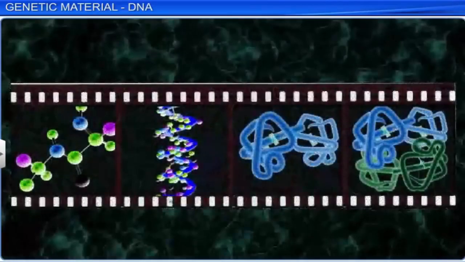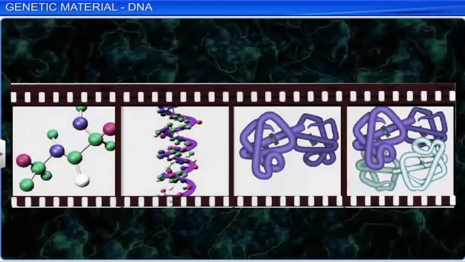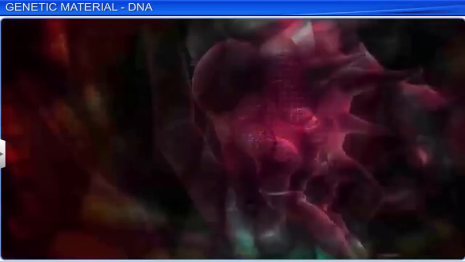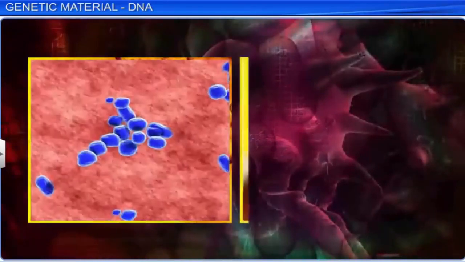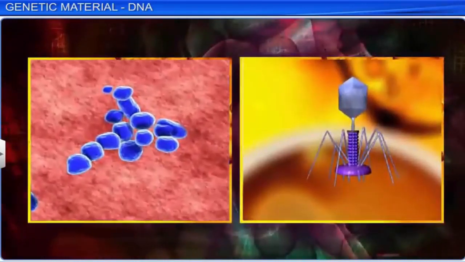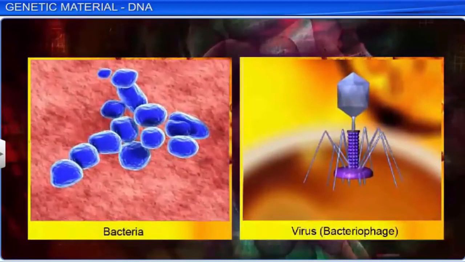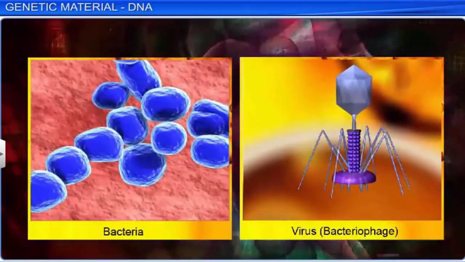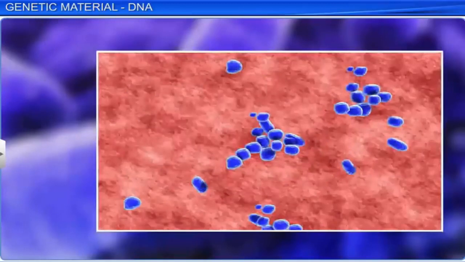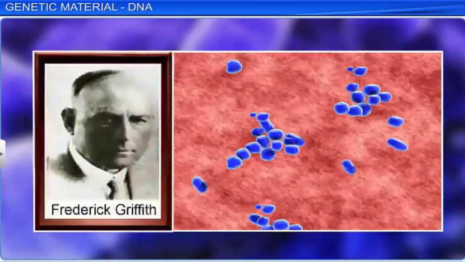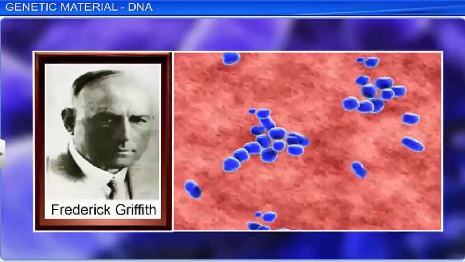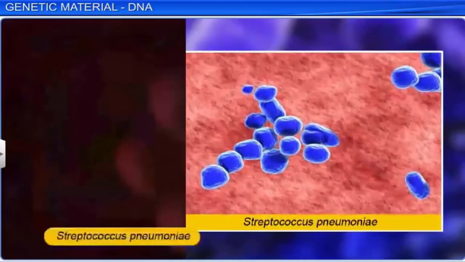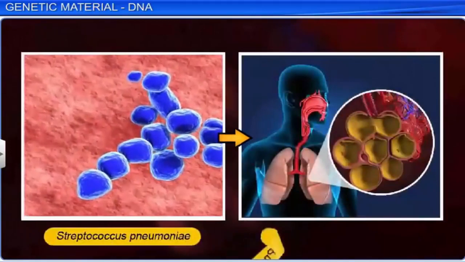In the past, it was believed that proteins were the genetic material. However, in time, through various experiments using bacteria and viruses, the truth about genetic material came to light. British bacteriologist Frederick Griffith was the first to conduct experiments with the bacteria Streptococcus pneumoniae, which was responsible for causing the disease pneumonia.